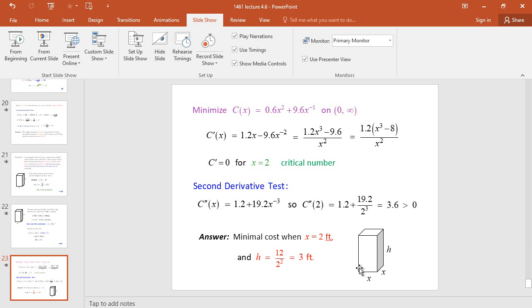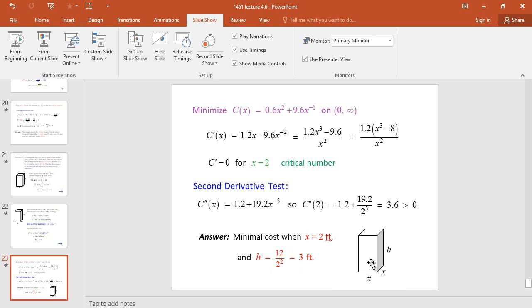Now obviously we could build other boxes, like we can pick x to be 1. In that case h would be 12, or we can pick x to be, let's say, 4, and then h would be 12 over 4 squared, or 12 over 16.